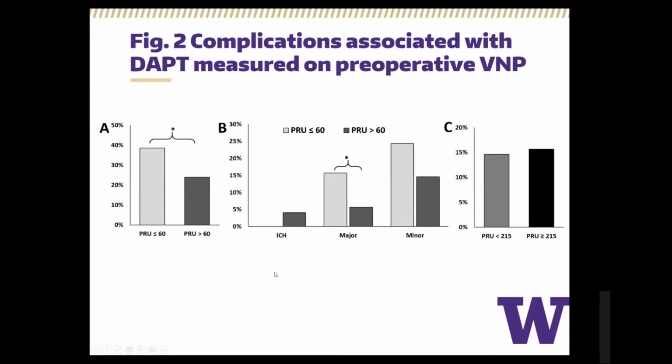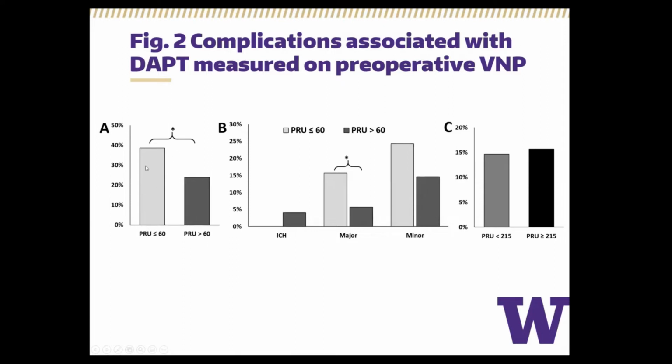So now we get to the meat of the talk, which is the complication data. This is figure 2, the complications associated with dual antiplatelet therapy as measured by the preoperative VMP. Section A looks at the hyper-responders, which is a PRU value of less than 60, versus the therapeutic as well as the hyporesponders on the right.